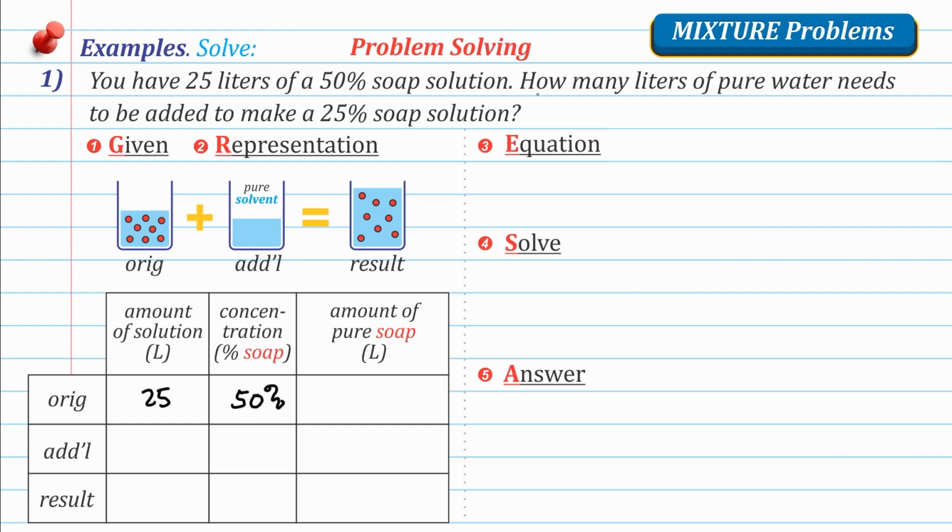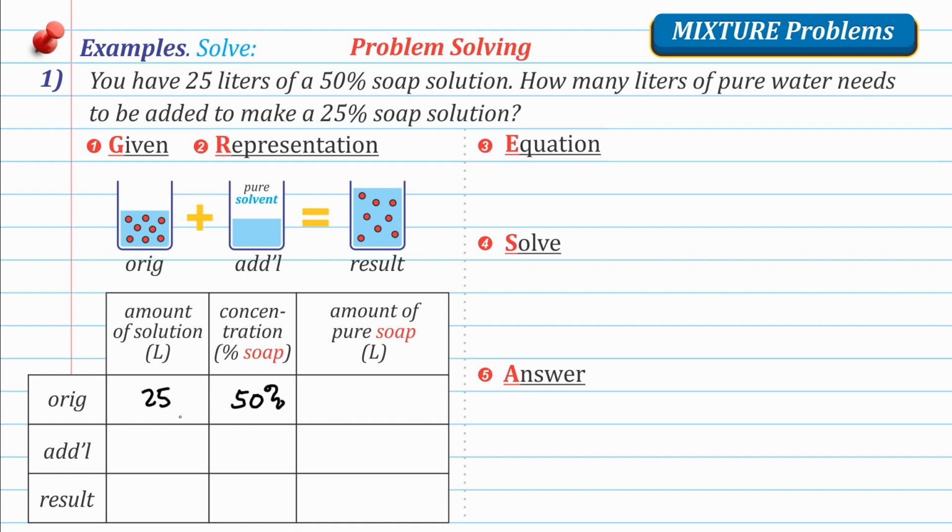Now, we continue. How many liters of pure water needs to be added? So, when you say how many, it means gaano karami, we're looking for the amount. Now, the question is it the amount na ina-add or amount na result ang tinatanong? As you can see, how many liters needs to be added.